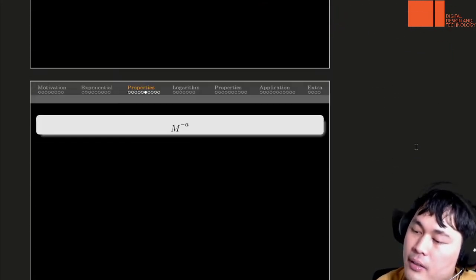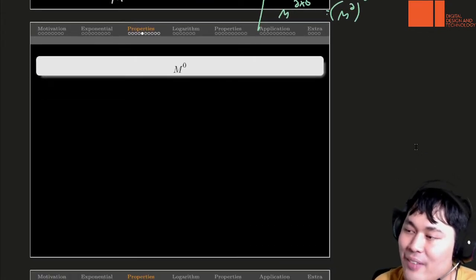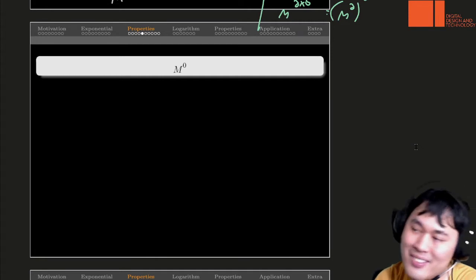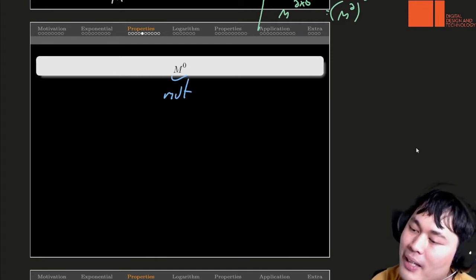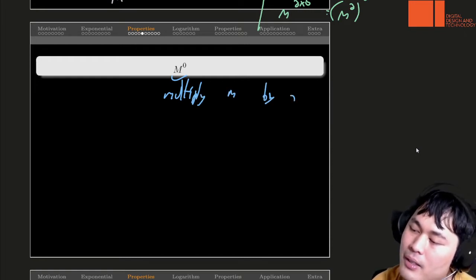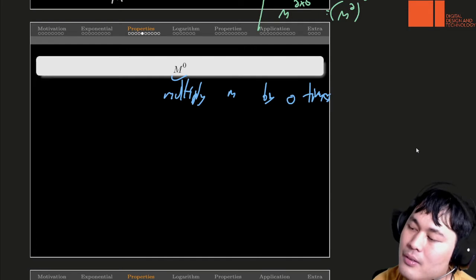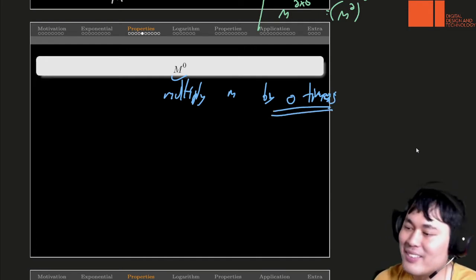Next, there are two more. What is m to the 0? That's kind of a philosophical question. Because if you ask me to multiply m by itself 0 times, what would the result be?